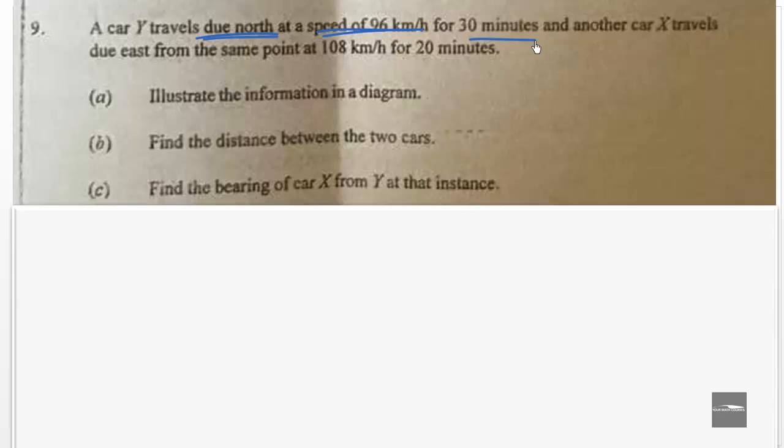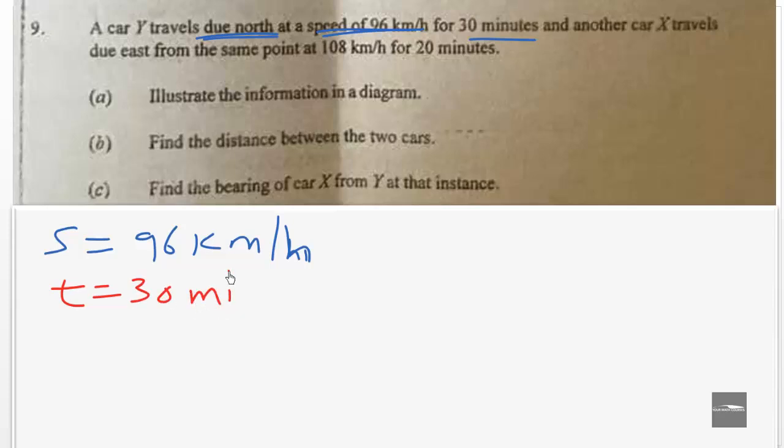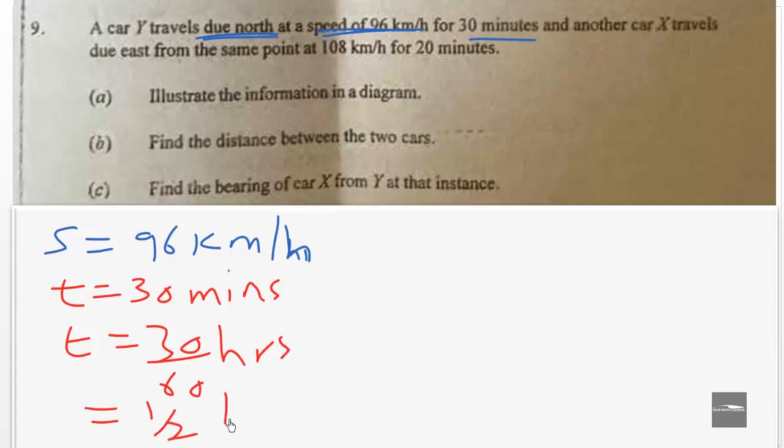We're given the speed to be 96 kilometers per hour, and the time to be 30 minutes. This 30 minutes we can convert to hours, which is 30 over 60 hours, so that will give us 1 over 2.